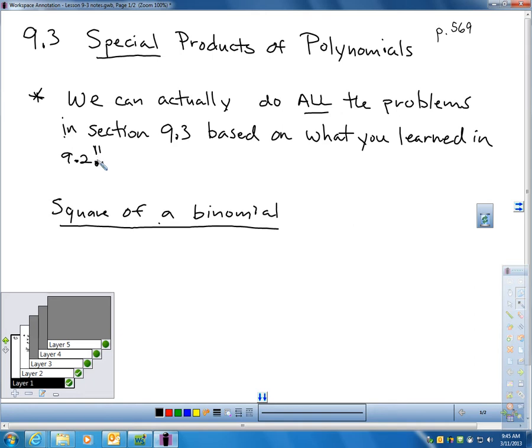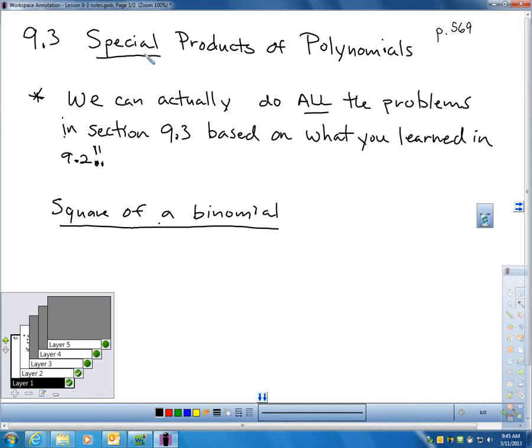You learned that if we have a binomial times a binomial, you can double distribute. Or if you have a monomial times a trinomial, you could single distribute. Or if it's a trinomial times a binomial, you could triple distribute. So we can apply those same things here, but by special, there are some shortcuts.